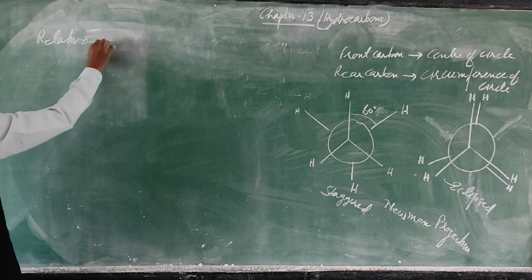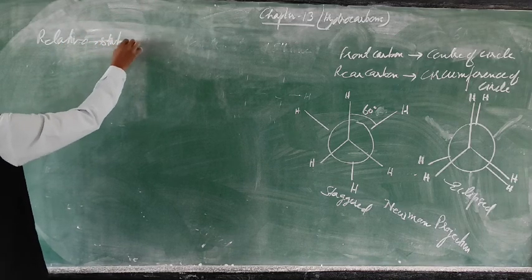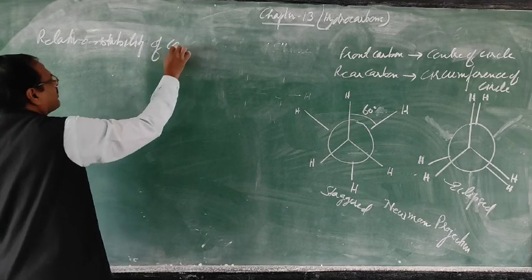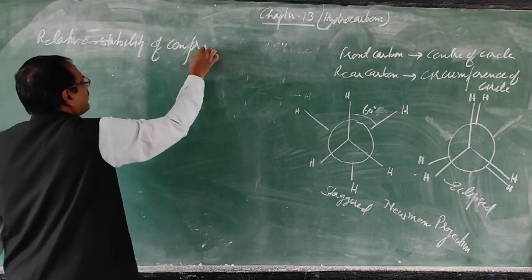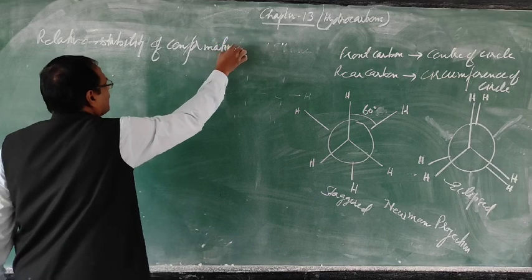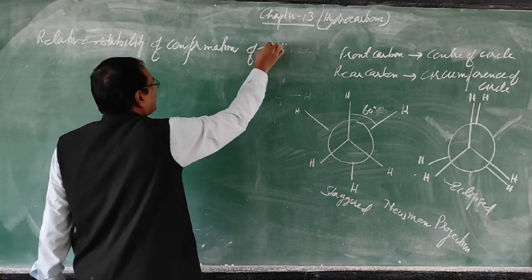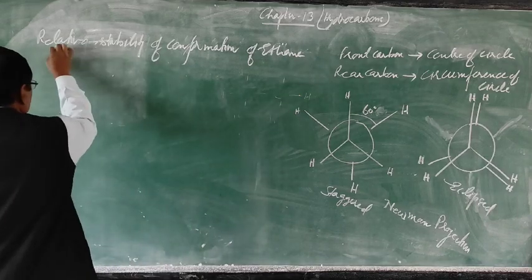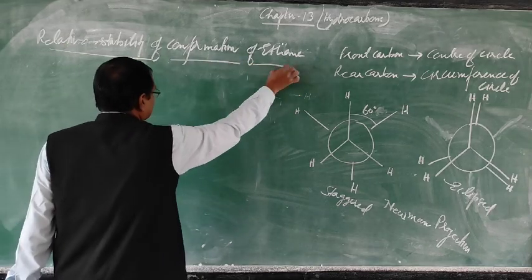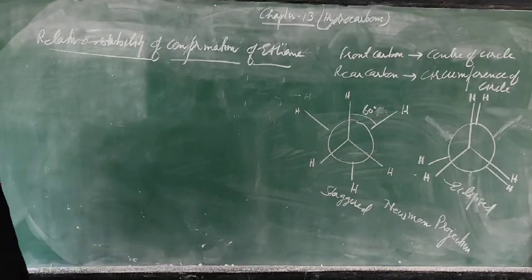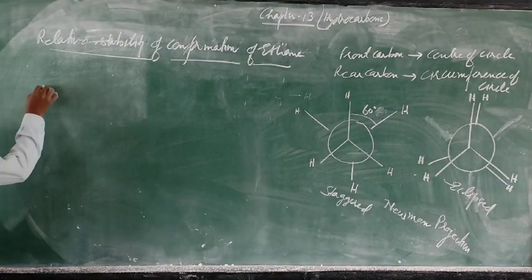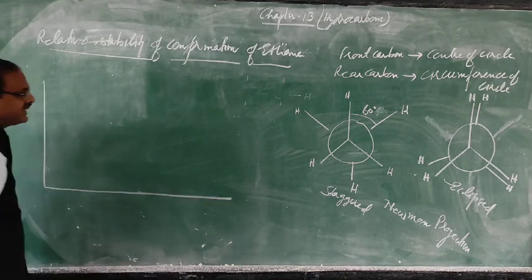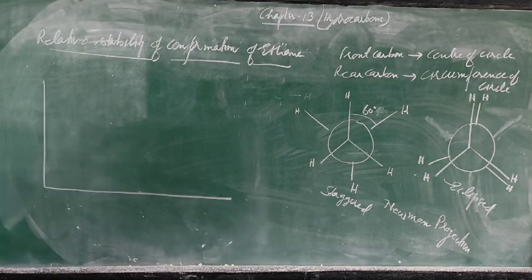Just now you have seen that two extreme cases are important. Many conformations are there, so two extreme cases are important, that is staggered and eclipsed.